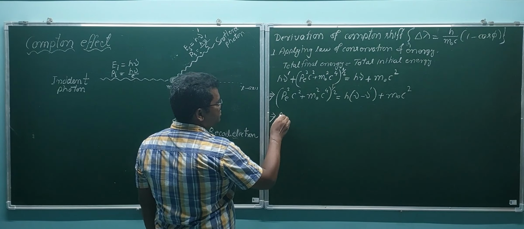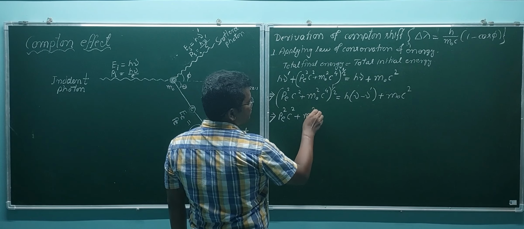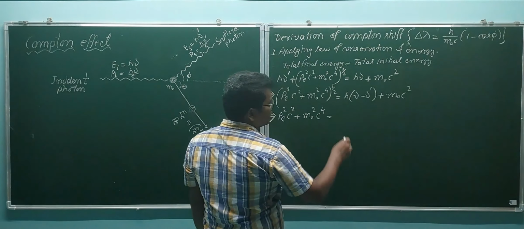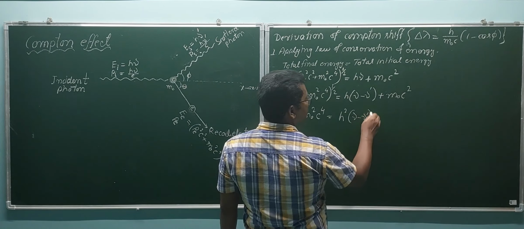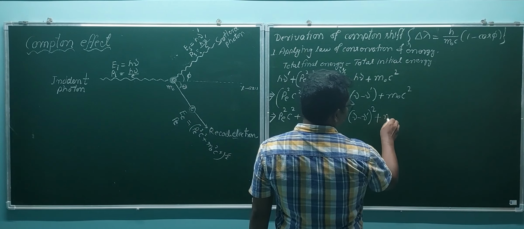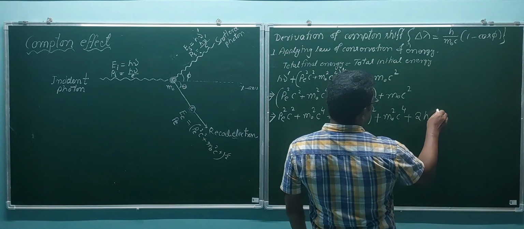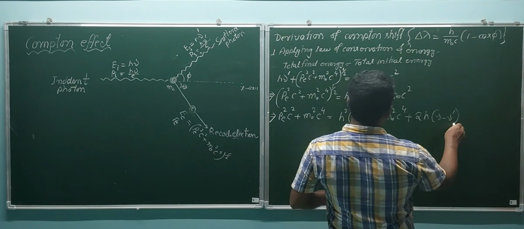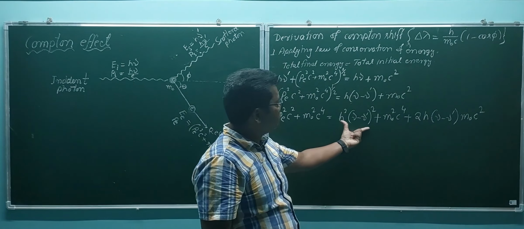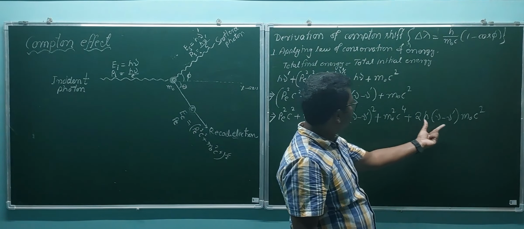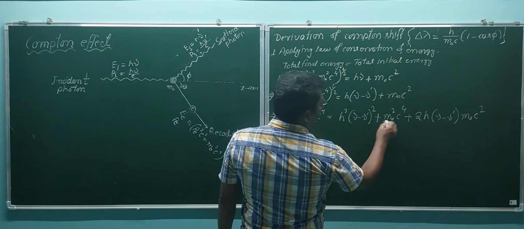When squaring, it becomes p square c square plus m naught square c to the power 4 equal to h square into nu minus nu dash all square, a square, plus m naught square c to the power 4, plus twice h into nu minus nu prime into m naught c square, a square plus b square plus twice ab. Necessarily this quantity cancels out.